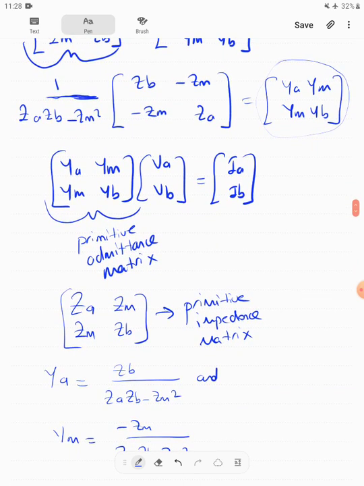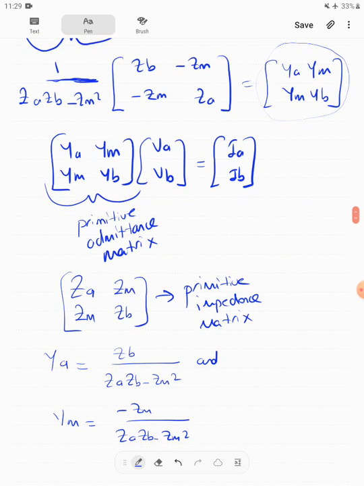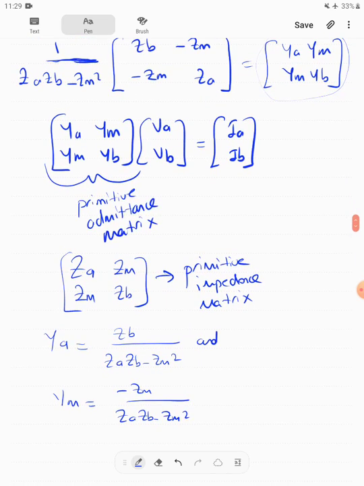We also discover that YA and YB are, except the numerators, equal to each other. So let me write YB is equal to ZA over the common denominator ZA ZB minus Zm square.